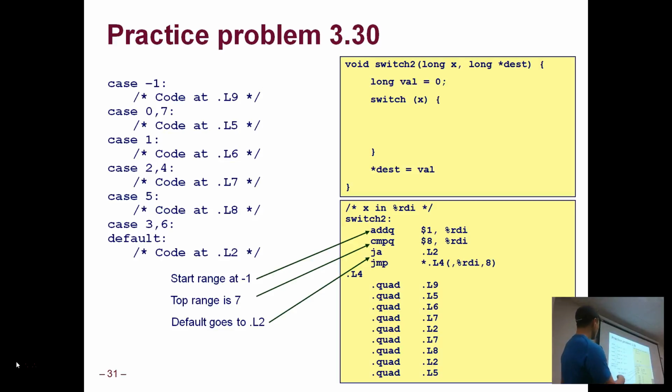And then you don't have to put case 3 and 6 there. I just did that to make it clear. So the case 3 and 6 could be in there, but it doesn't have to be. They'll be equivalent. You can omit it.